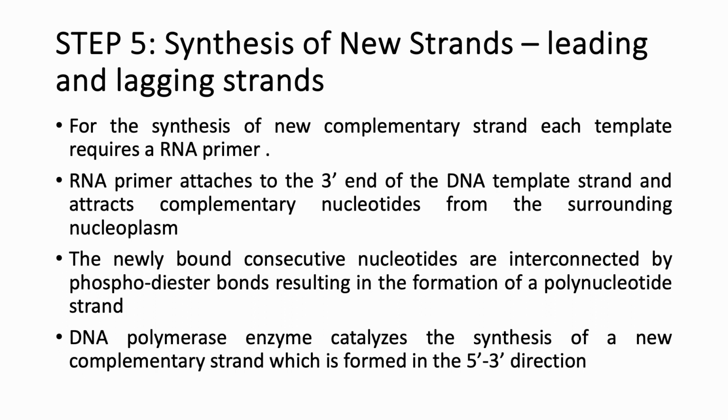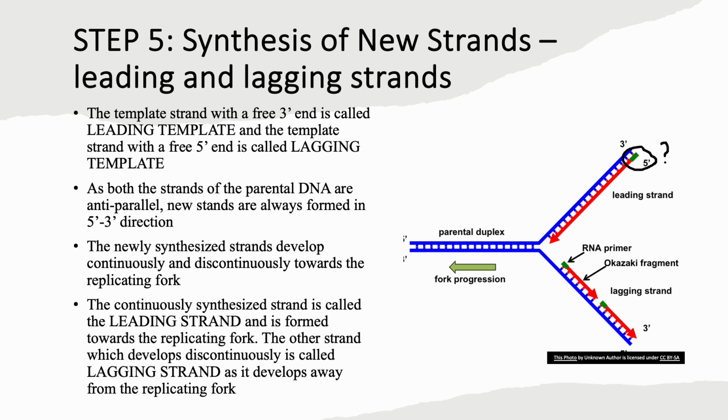DNA polymerase enzyme catalyzes the synthesis of a new complementary strand which is formed in the 5' to 3' direction. So the synthesis of the new strands continues with the formation of a leading and a lagging strand.